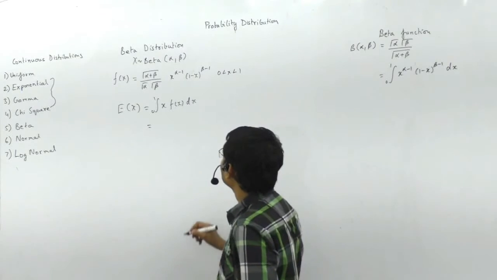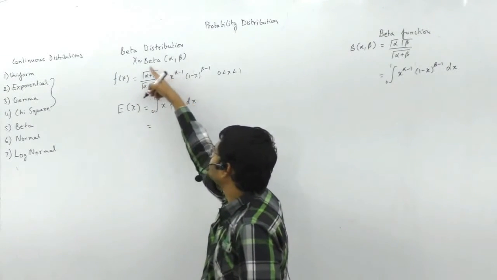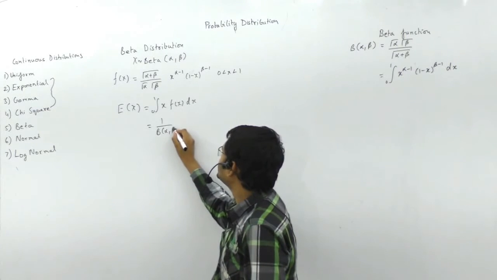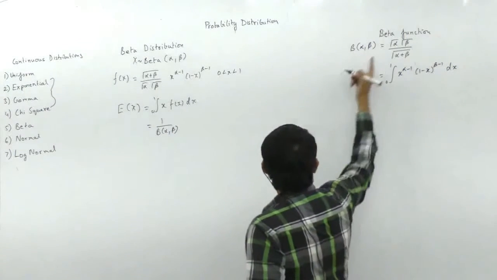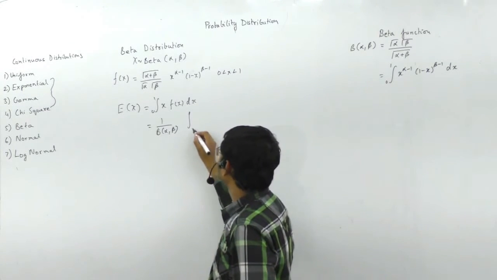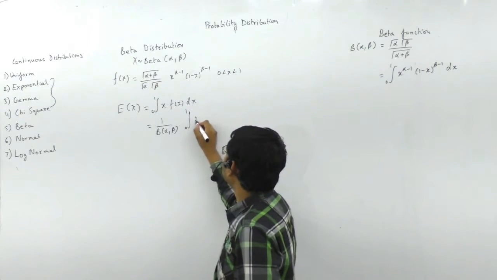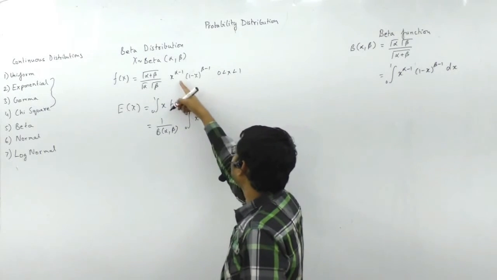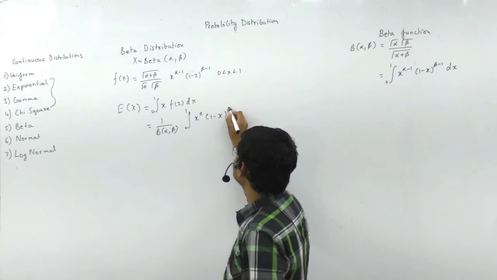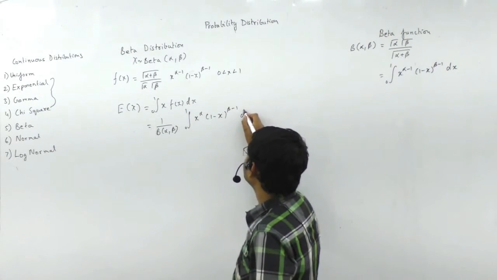So now here I can write this as 1 by beta of alpha comma beta, just the beta function, integration 0 to 1, I'll have x raised to alpha into 1 minus x raised to beta minus 1 dx.